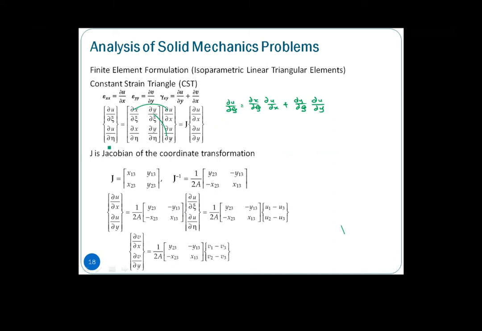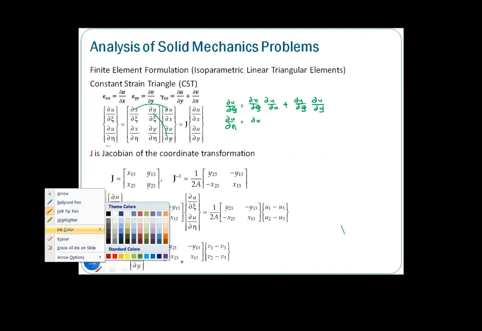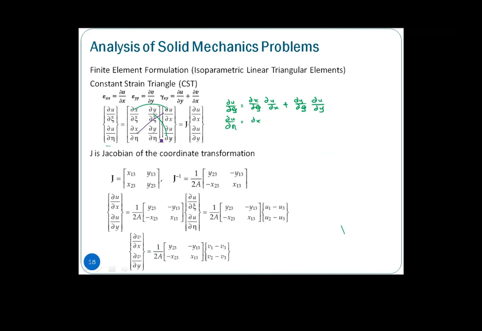Similarly, if you have del u del eta, it is also the same: del x del eta times del u del x, plus del y del eta times del u del y.